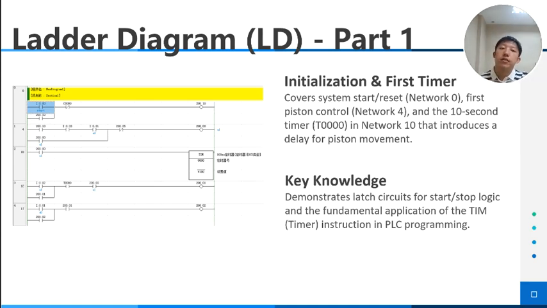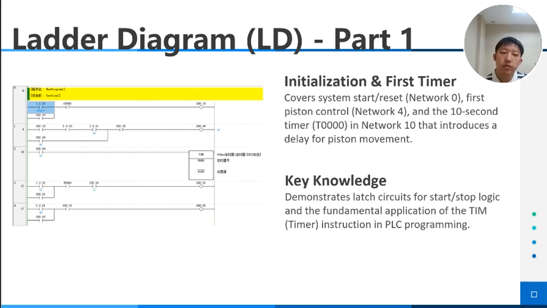Now let's look at the ladder diagram program. This first section covers the initialization, including the start and reset buttons in network 0.